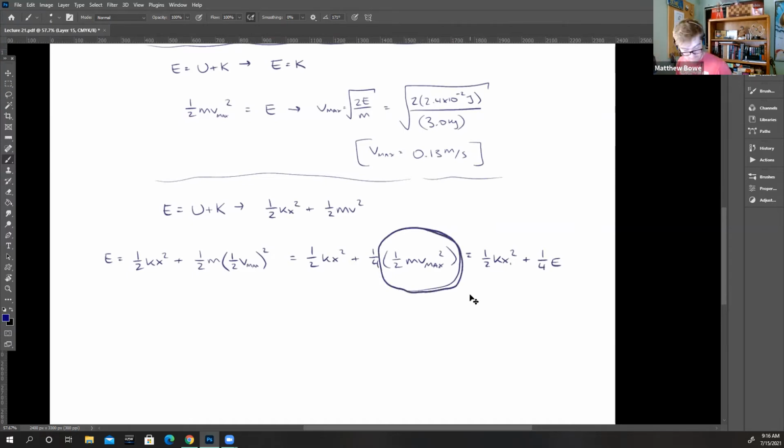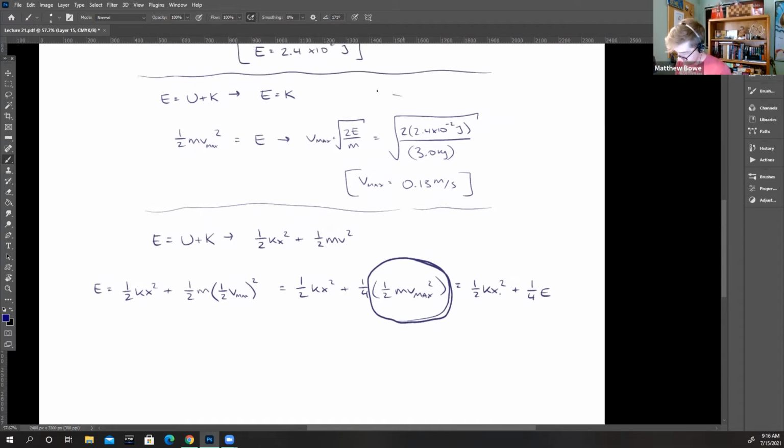Well, at the maximum velocity up here, I said K was equal to E. So this term right here, that is kinetic energy, I'm just going to call E, since I already have that. That's already a known value to me at this point.